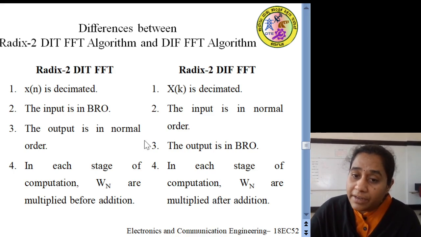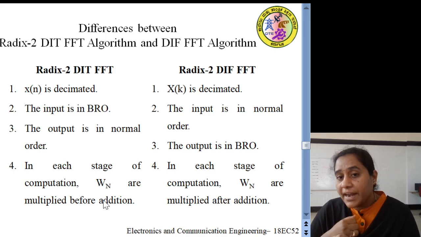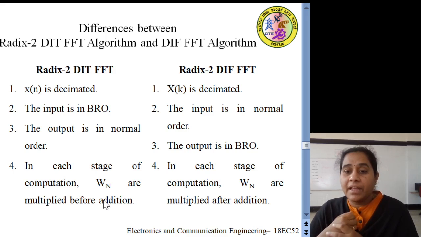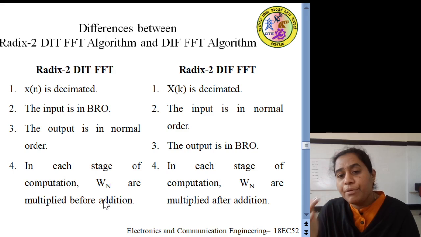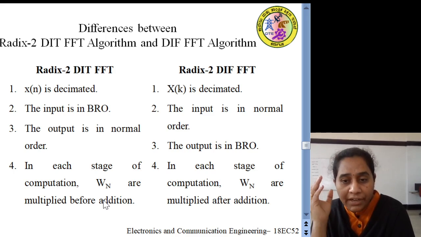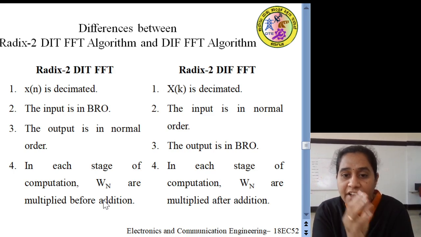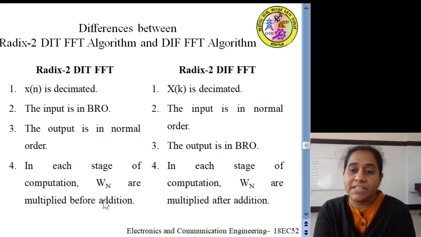Okay. So the next difference: in the radix-2 DIT FFT algorithm, at each stage of computation, the twiddle factors are multiplied before addition. If you try to remember the butterfly structure in the DIT FFT algorithm, our twiddle factor W_N will be multiplied before the addition.